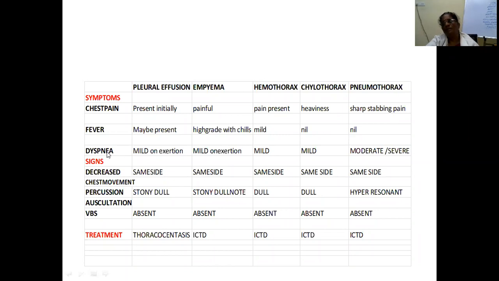Dyspnea. Dyspnea is present in all the cases, and more or less depends on the accumulated fluid. In effusions, it will be progressive in nature.